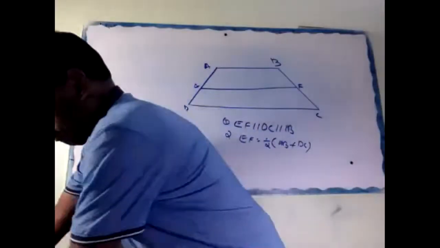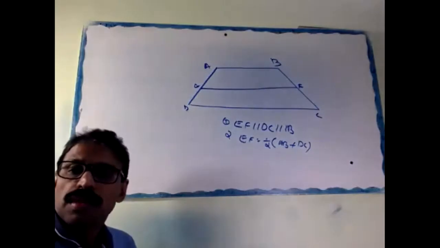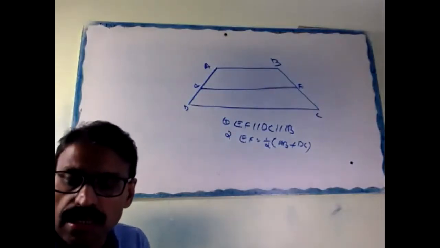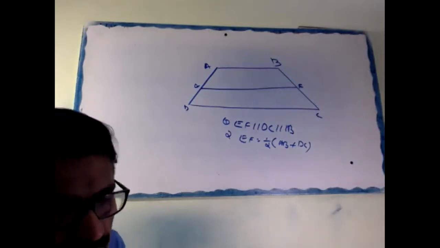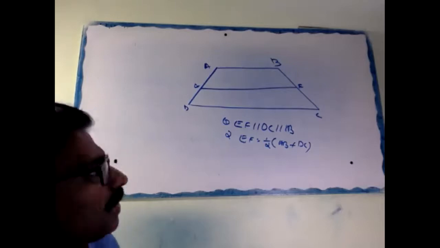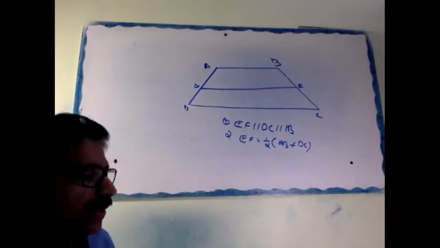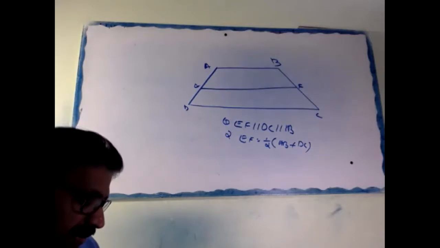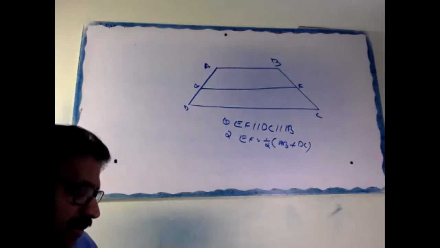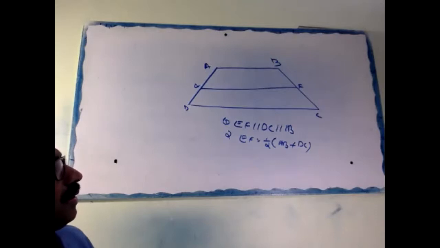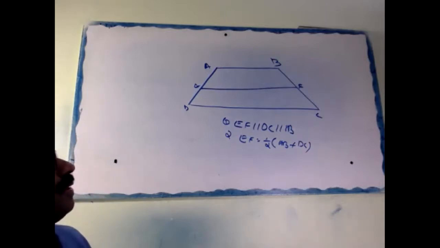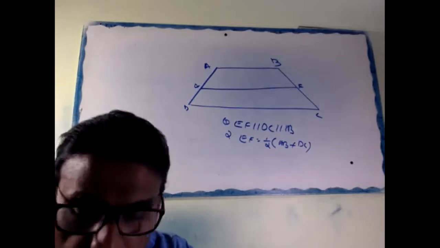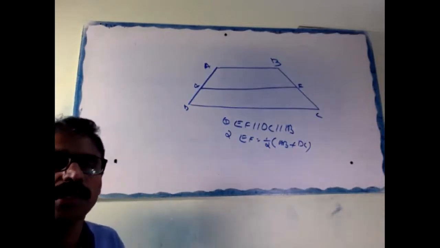Look here. Question understood or not? Given: ABCD is a trapezium in which E and F are the midpoints of AD and BC.